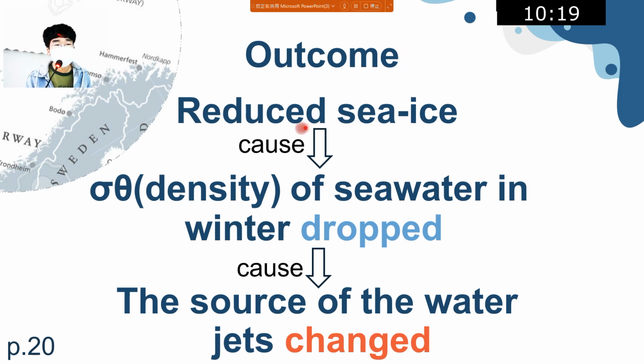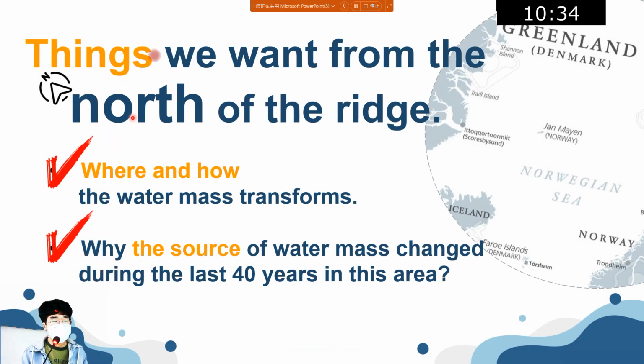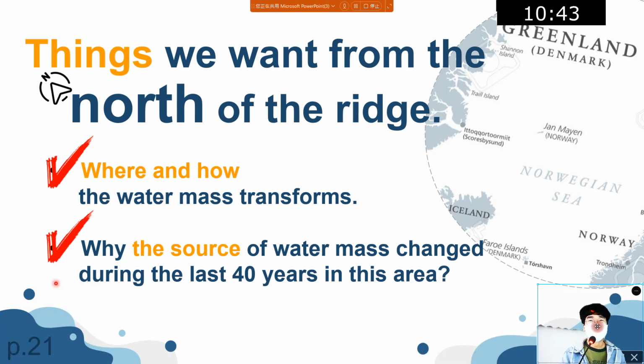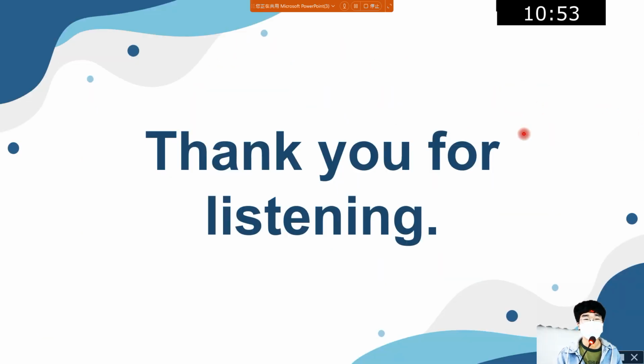So the outcome is that the reduced sea ice caused the density of the seawater in winter to drop, and it caused the source of the water jets to change. So this is the reference, and thank you for listening.